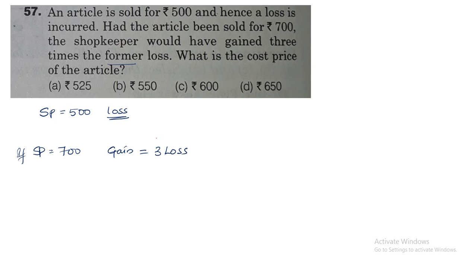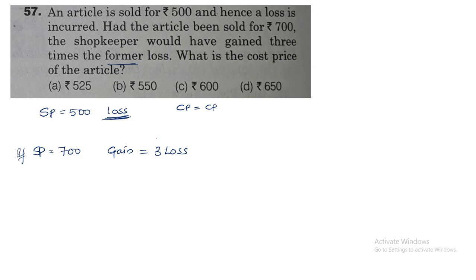Here former means previous. So previously he got some loss, no? Then what is the cost price of the article? He is asking about the cost price. This question is a little tricky to understand. Listen carefully. The selling price is 500, and suppose my cost price is some CP.